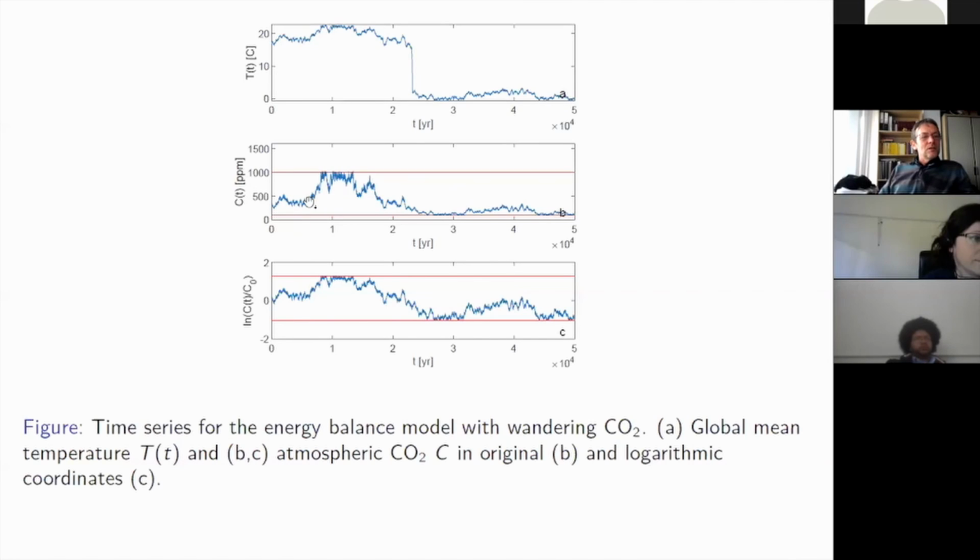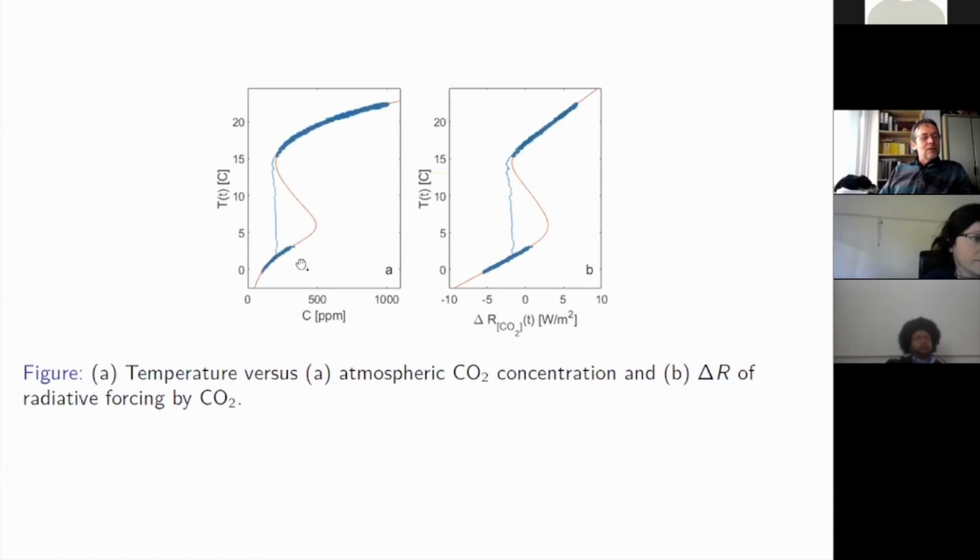So in this particular run, you can see it goes up quite high, and then at some point it crosses a threshold, which you can see is this tipping point. So what has happened here is we started on the upper branch. At some point, the CO2 has decreased to a point where we've flipped to a lower branch.